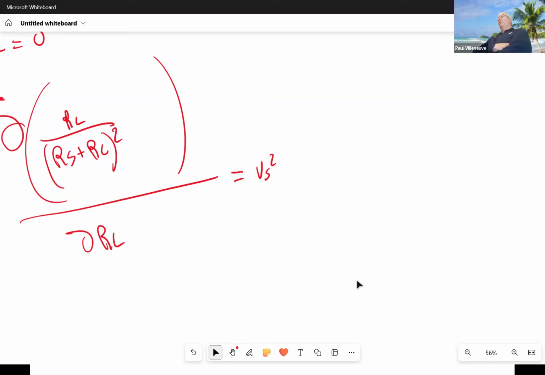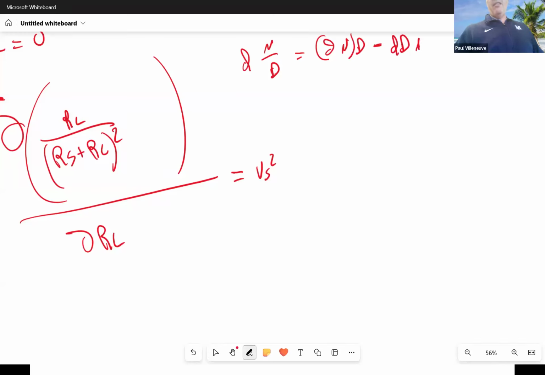The quotient rule says the derivative of a fraction, which has a numerator and denominator, is equal to the derivative of the numerator times the denominator, let's do capital D so that doesn't get confusing, minus the derivative of the denominator times the numerator, all over the denominator squared. Do you remember that from Calc 1, most likely?